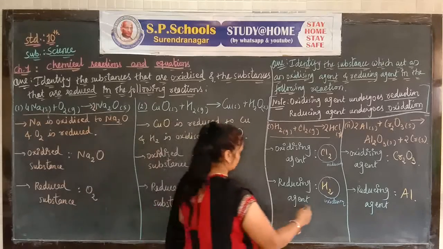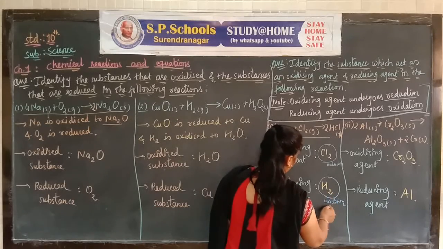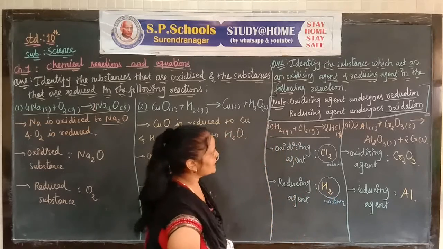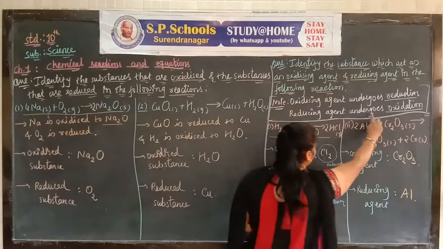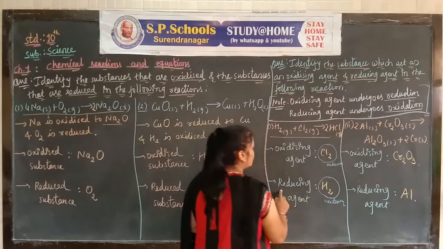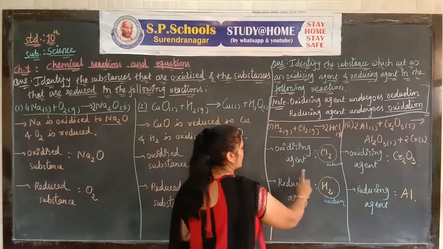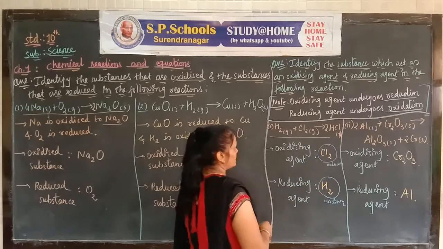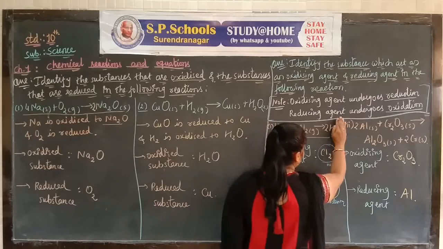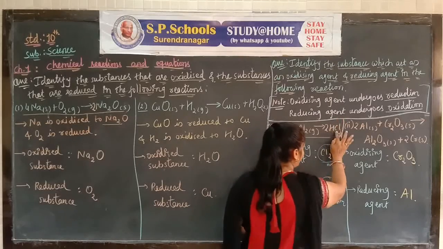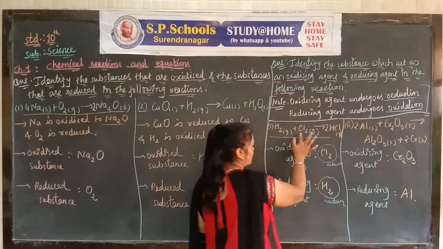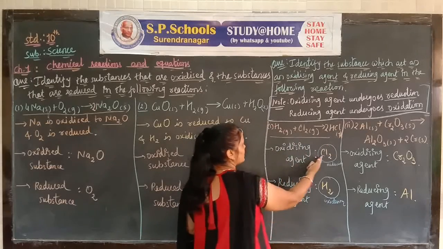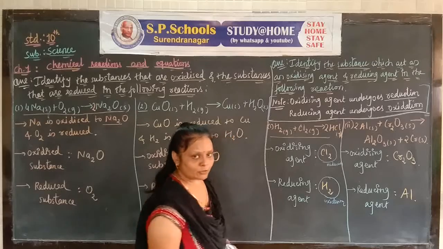Oxidation is taking place, so H2 is the reducing agent. Cl2 gets H in the formation of HCl, so the process is reduction, but the oxidizing agent is Cl2.